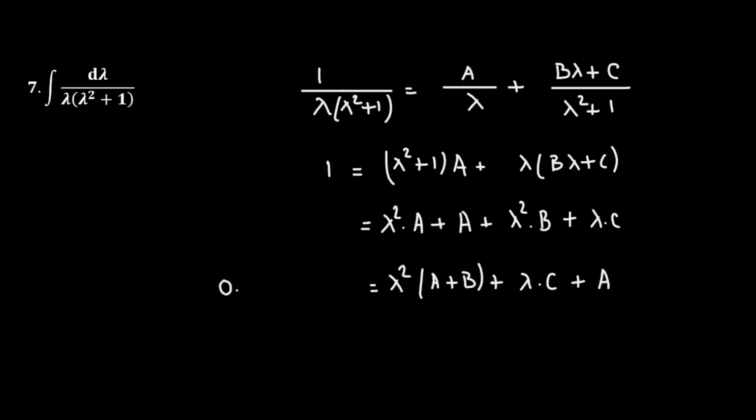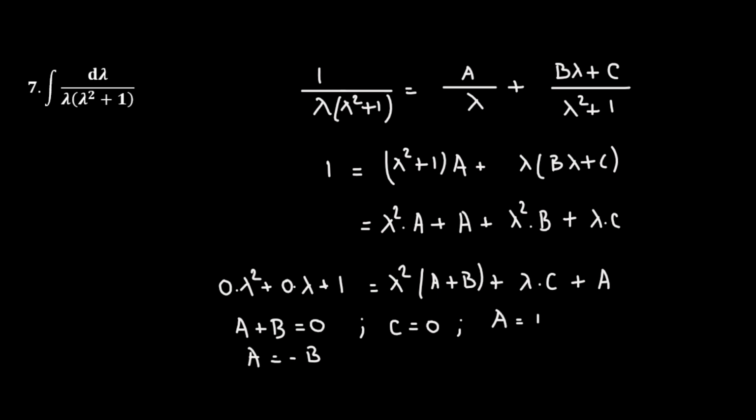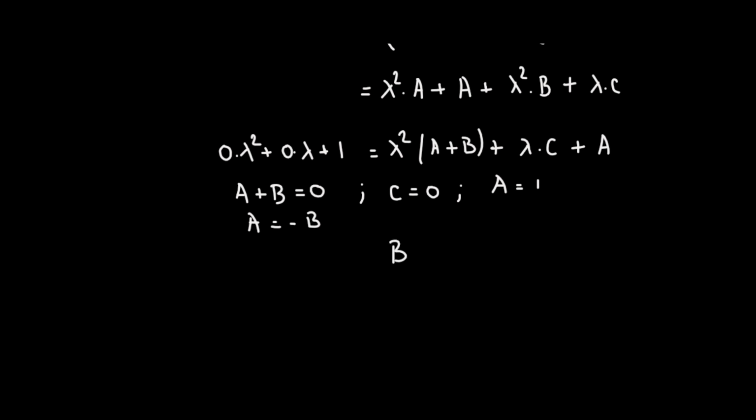On the right hand side we have 1, which can be rewritten as 0 lambda squared plus 0 times lambda plus 1. Equating both sides, that will give us a plus b is equal to 0, such that a is equal to negative b, c will be equal to 0, and a will be equal to 1. Now using the value of a equal to 1, we have b is equal to negative 1.